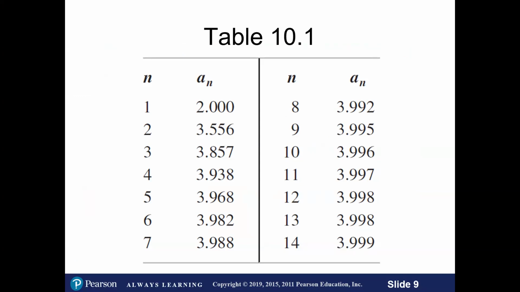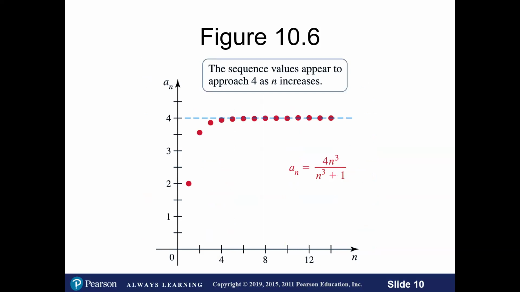You can see the first is 2, and then 3.556, 3.857, and so on, where the successive terms appear to increase, but the magnitude of that increase decreases, and appears to approach a value of 4.